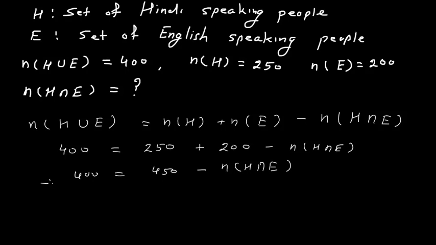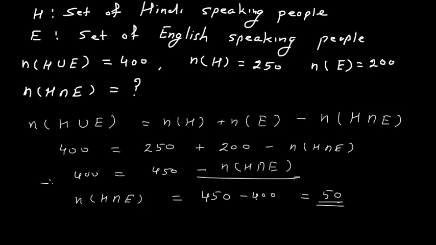So I will bring this negative to the left. I will get the number of H intersection E is equal to 450 minus 400. So that gives the value 50.